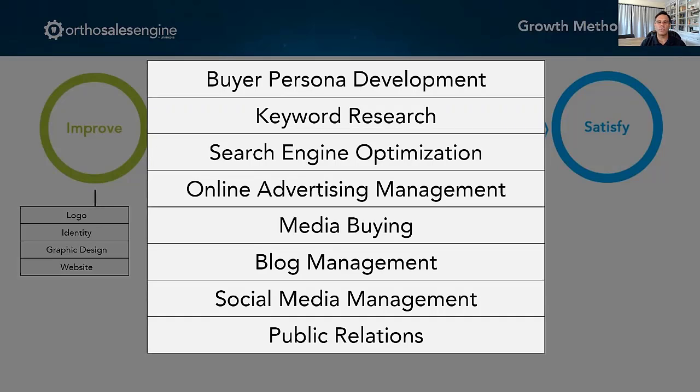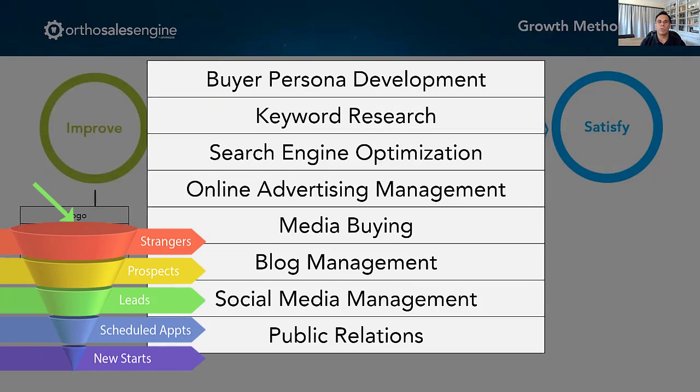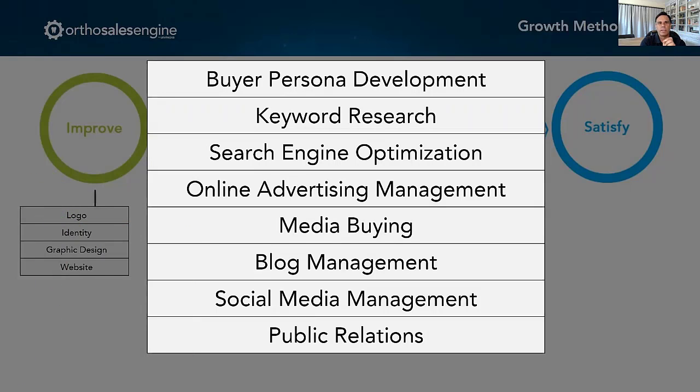As long as the algorithm doesn't change and sabotage you, which it sometimes does, but for the most part, if you're working on it the right way, your SEO value is going to increase, increase, and increase, which means your visits to the top of that funnel are going to grow and grow over time, and that's what you want. So search engine optimization is one way to get people to the top of the funnel.